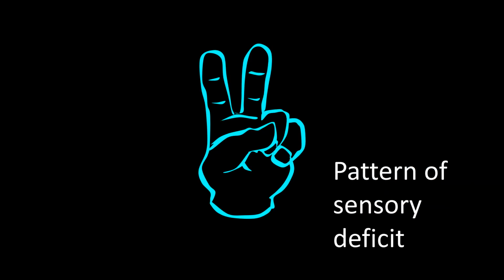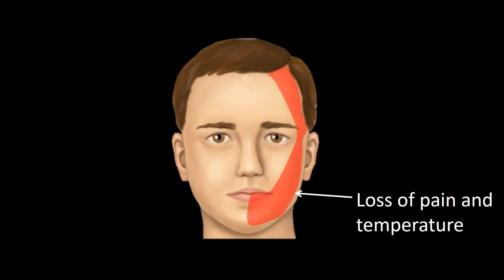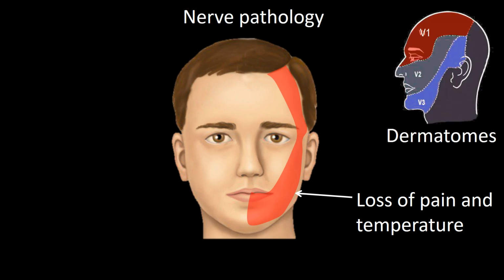In the second pattern, abnormal sensation is present at and just below the lower lip, between the ear and the eye, and in the lateral forehead. This distribution corresponds to involvement of the mandibular branch of the trigeminal nerve.